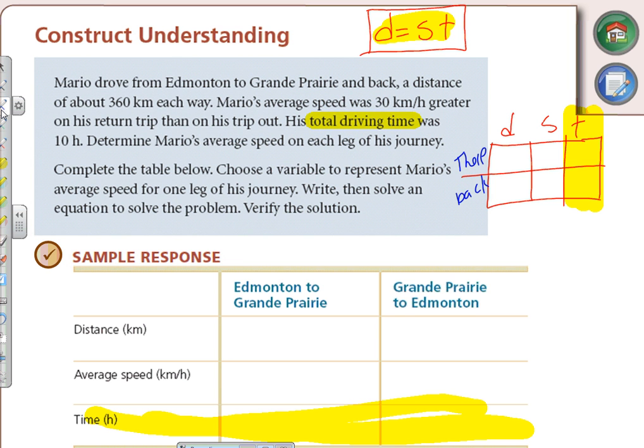The first column or row in this one that you want to fill in is the one that they give the information to. They say a distance of 360 kilometers each way. So I know the distance there, I know the distance back. Both of them are 360. So that's the one you fill in first.